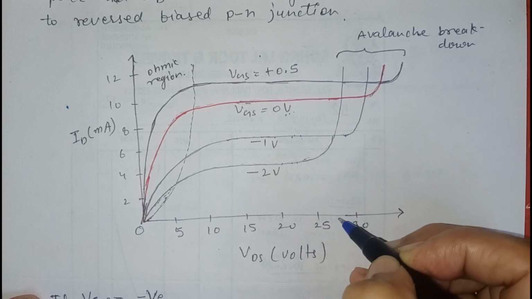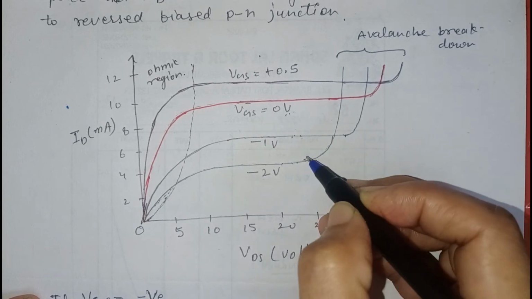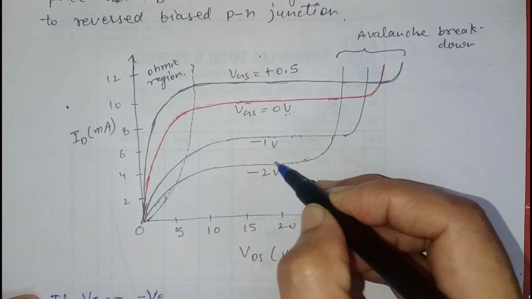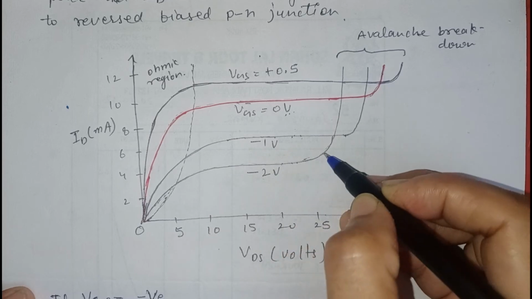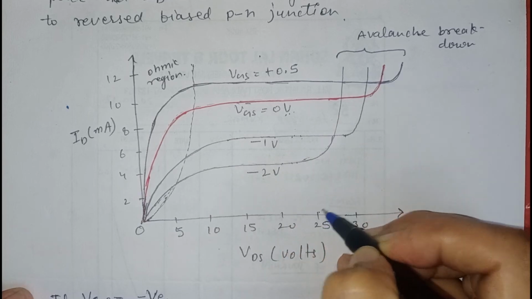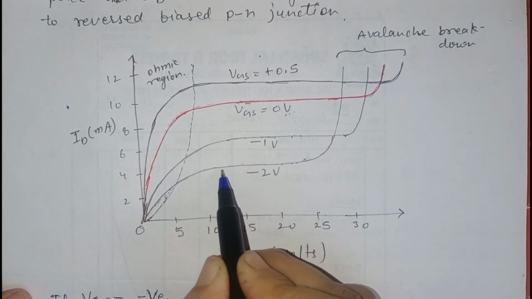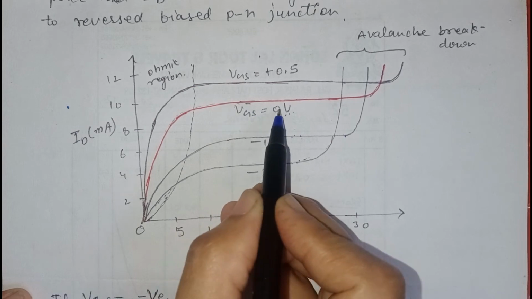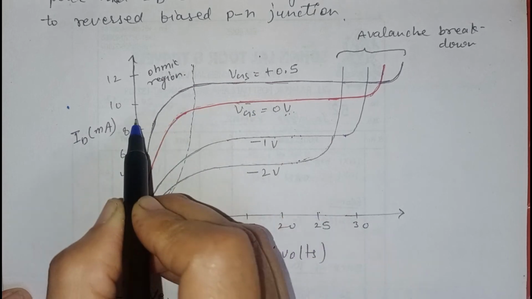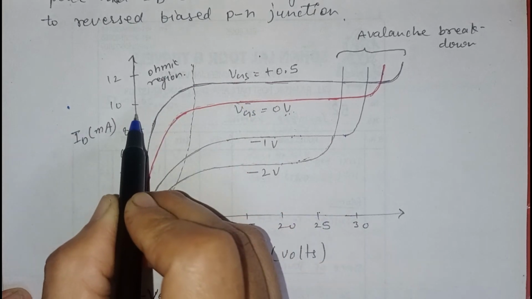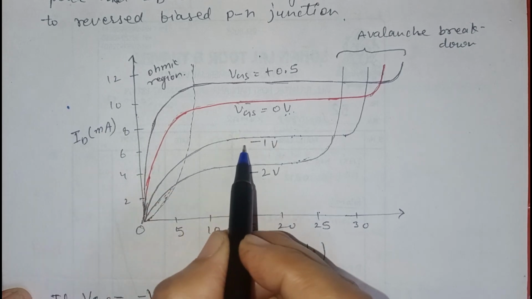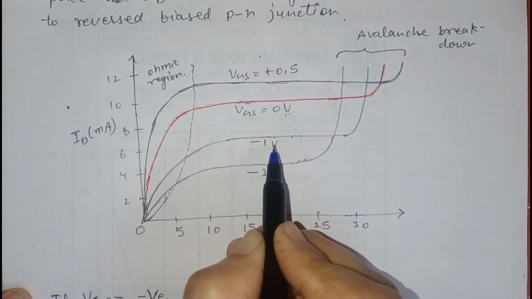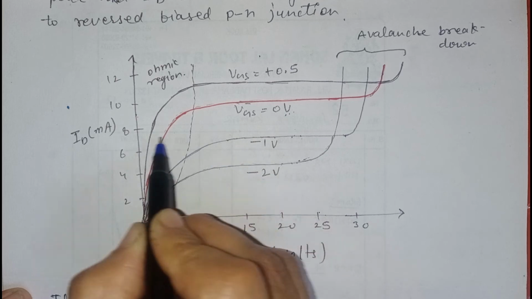In this curve it comes between 25 and 30, and if we increase this voltage at the gate, the avalanche breakdown comes even earlier, and also the range of the constant drain current decreases. Here when VGS equals 0, the constant drain current is almost equal to 9, and when the gate voltage is minus 1 volt, the drain current shifts downward.